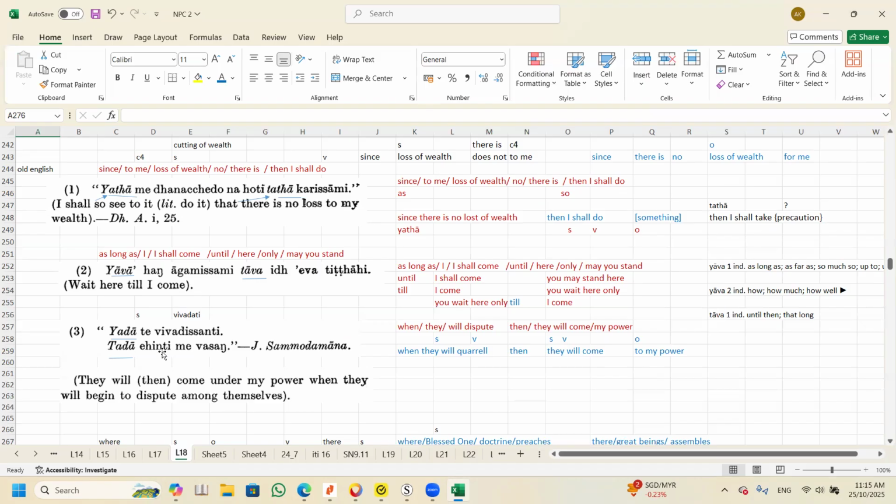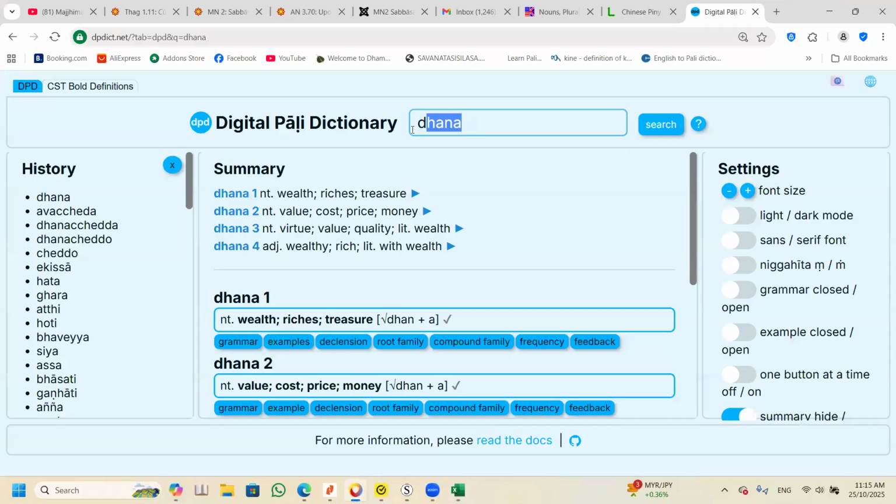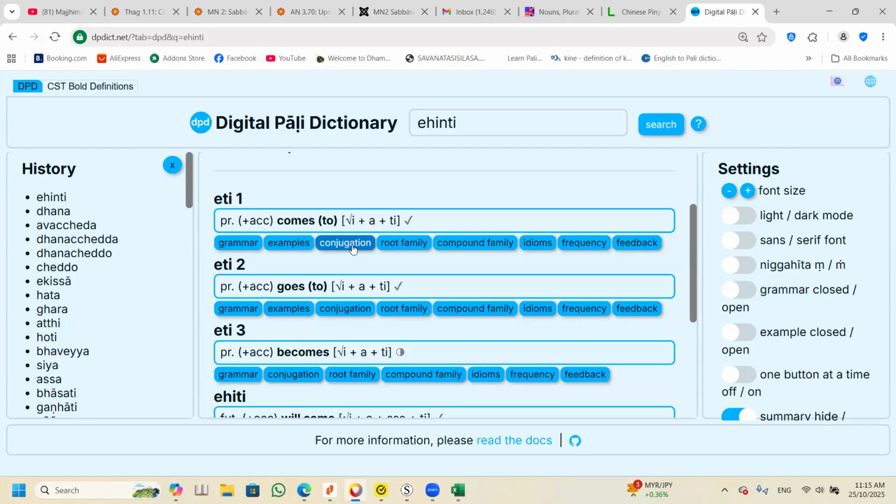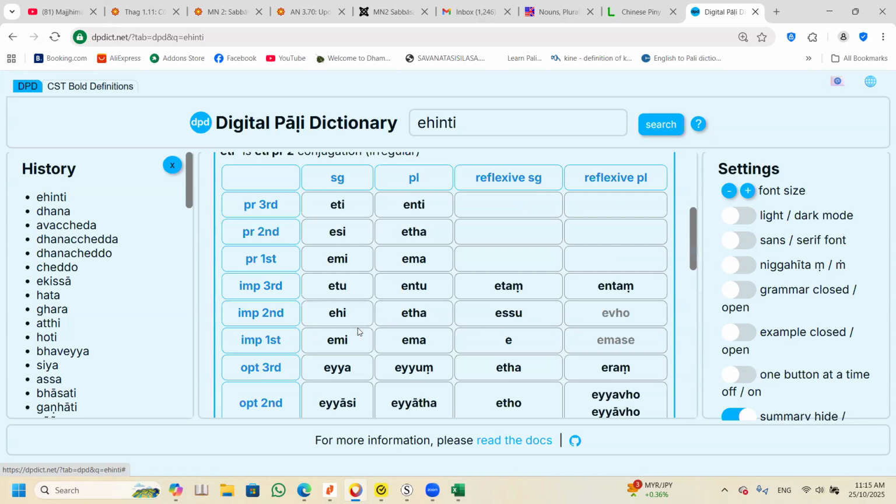We'll go to this first: a hinti. It comes from the word is 80. E is to go. So what you can do is take this conjugation.